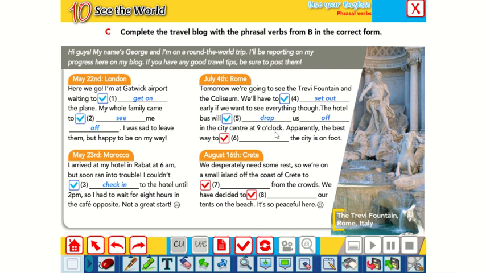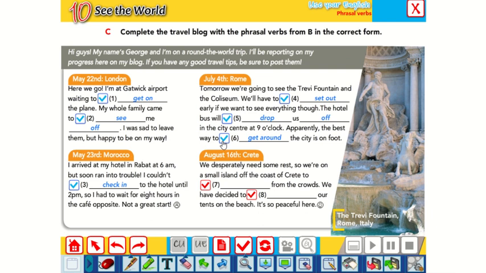Apparently, the best way to space the city is on foot. The best way to... excellent, get around the city is on foot, to move from one place to another in the city. Okay, so to get around the city is on foot.